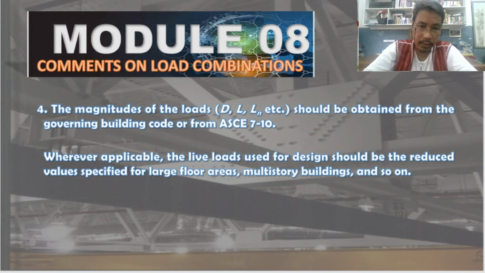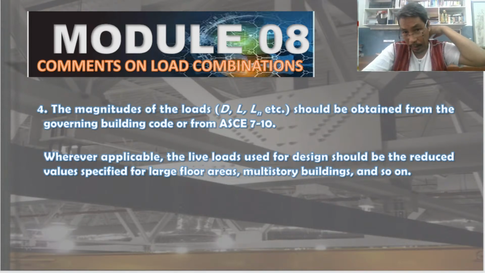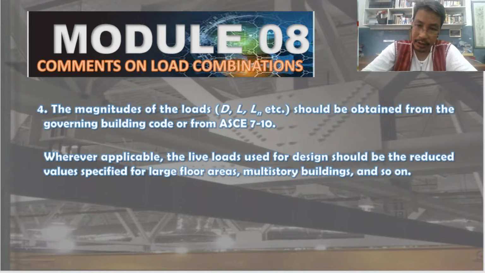Number 4, the magnitudes of the loads, dead load, live load, roof load, and others should be obtained from the governing building code or from ASCE 7.